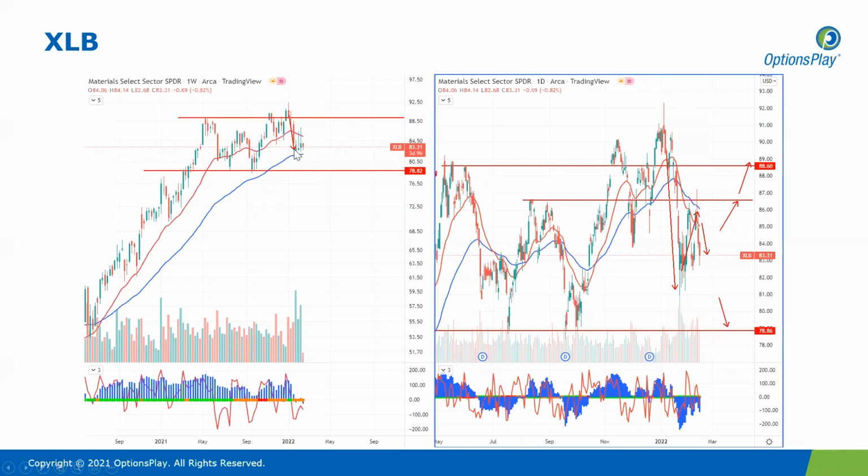Price reacted at the upper bound of that range, moved lower, and I would call the momentum of the last 3 bullish candles muted, and I do think this signifies the move lower here for materials overall. So again, a bit of ambiguity, but I think today's price action will really tell us what's happening and where price will head next. What's important to keep note of is where those key levels are.